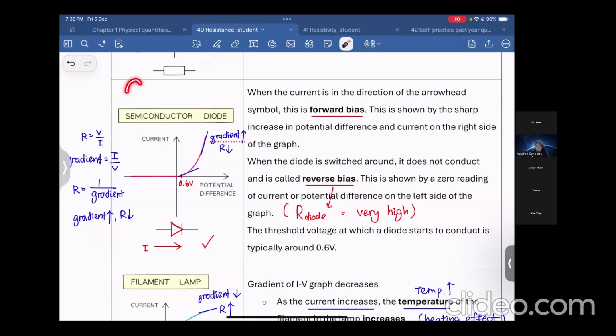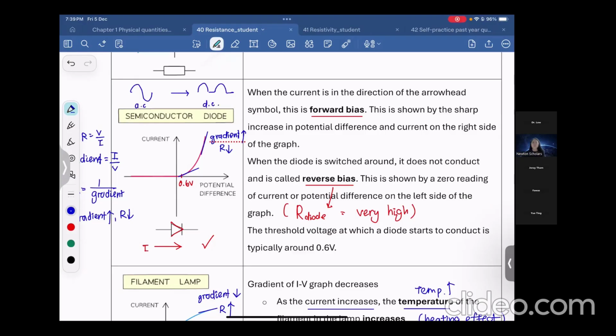If the input is AC like this, it has two half cycles, positive and negative. We need to convert it into DC like this, full wave or half wave, doesn't matter.